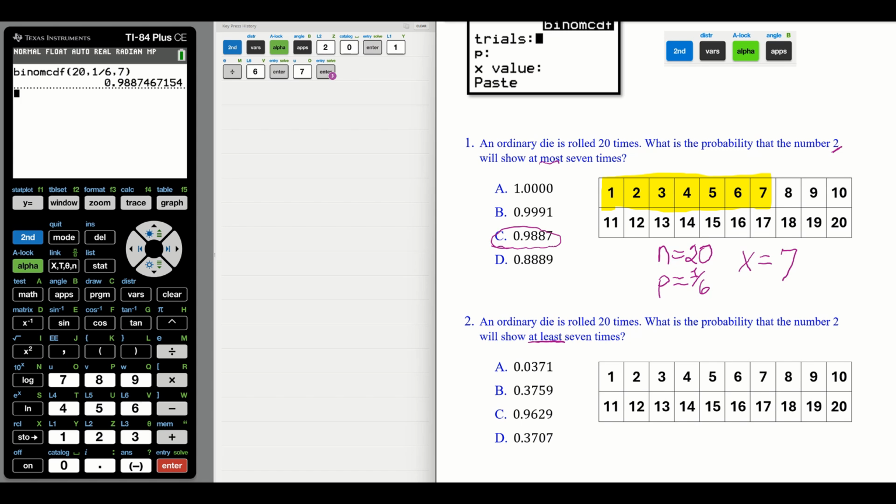At least 7 times. So we are interested in 7 to 20 trials. Those are the trials that we are going to focus on. This means that we need to subtract out the first 6 trials.